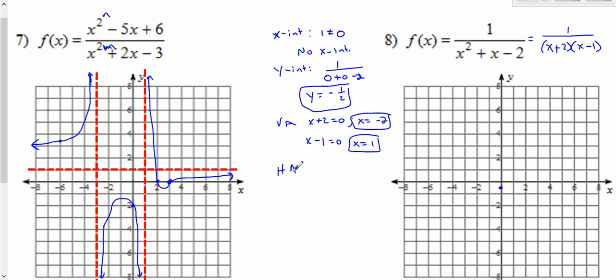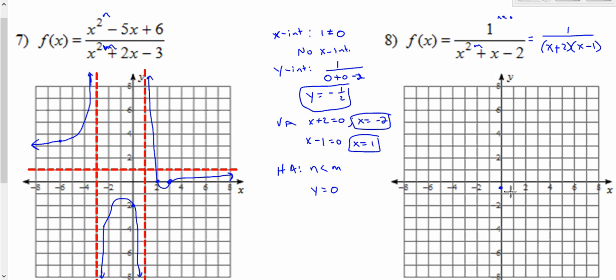For my horizontal asymptote, I take the degree of the numerator, which is 0. Whenever there are no variables, I have a degree of 0. So n is 0, m is 2, n is less than m, which means my horizontal asymptote is y equals 0. So let's go ahead and graph these.